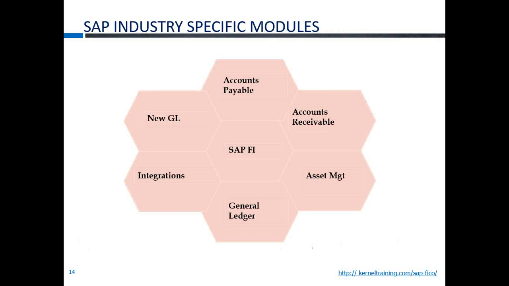For company A, your fiscal year will be April to March, as many companies in India have their financial year as April to March. Whereas in UK, you have the fiscal year as January to December. In Singapore, you have it as June to July.